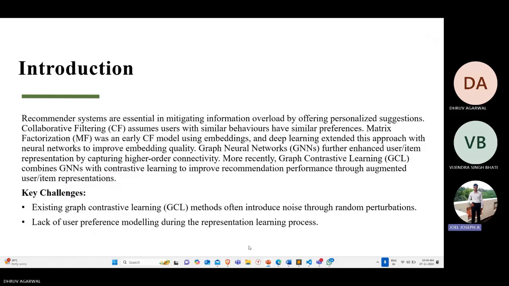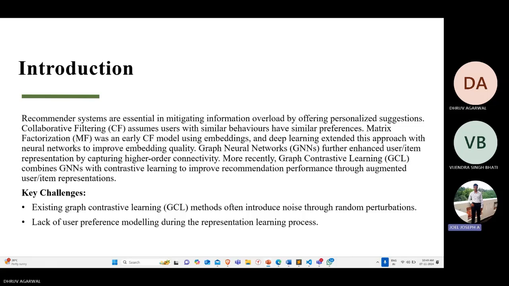This is the introduction of our project, which is based on recommendation systems. Recommender systems are essential in mitigating information overload by offering personalized suggestions. Collaborative filtering assumes users with similar behaviors have similar preferences.